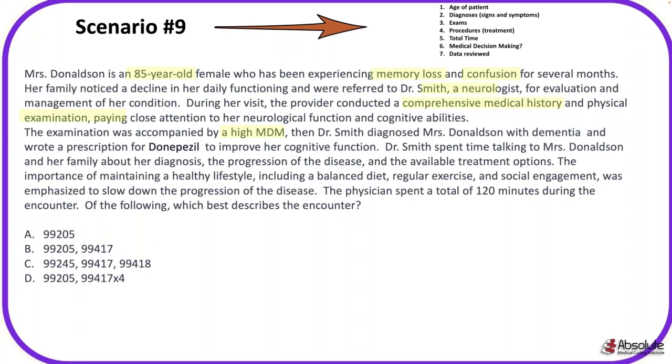So this was a high MDM, and Dr. Smith diagnosed the patient with dementia. Dr. Smith spent time talking to Mrs. Donaldson and family, and this was a total of 120 minutes. And yes, a prescription was written.